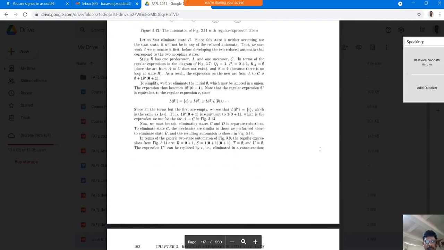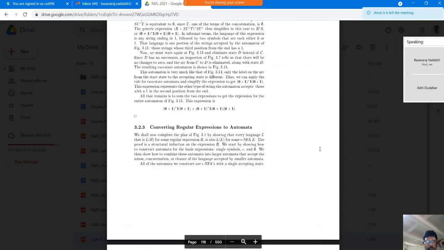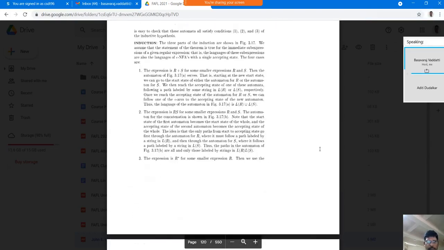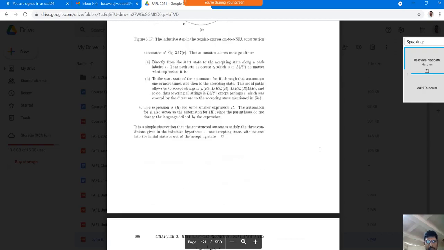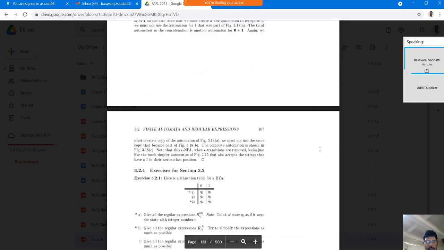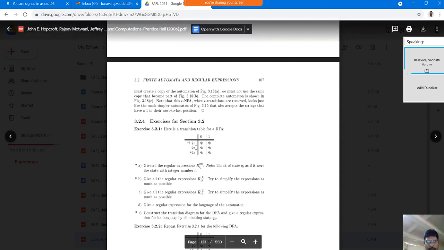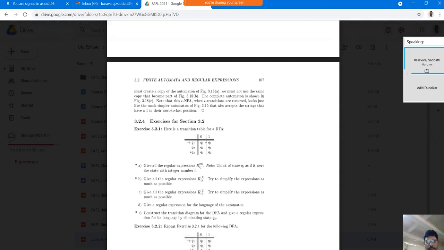As I told earlier, there are various methods for these problems. Different authors and different books give different techniques or methods. Whichever you feel comfortable with, you can select that. Now come to this example, which is given in the form of a transition table.